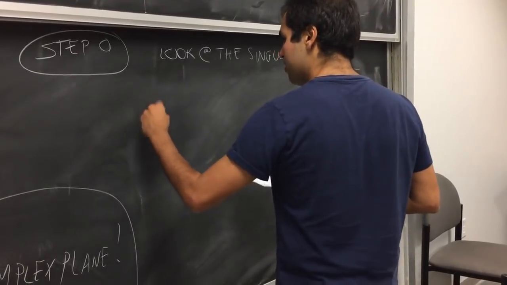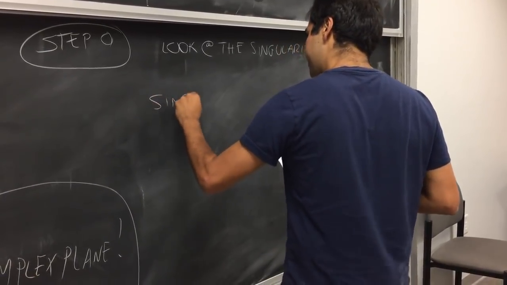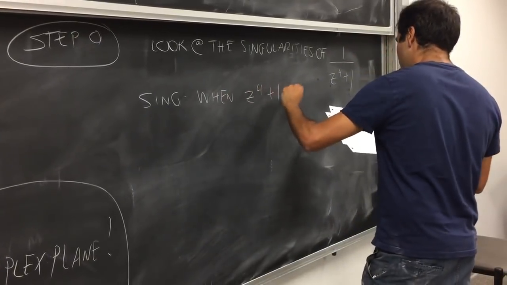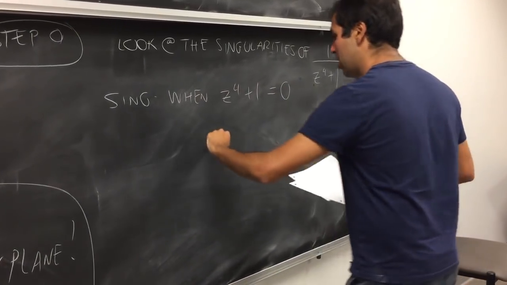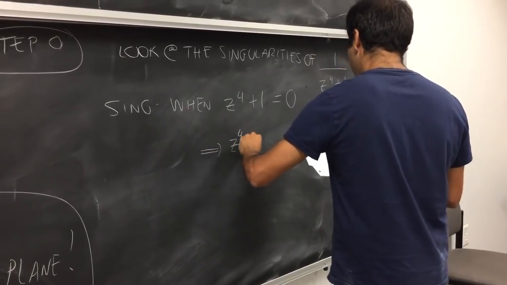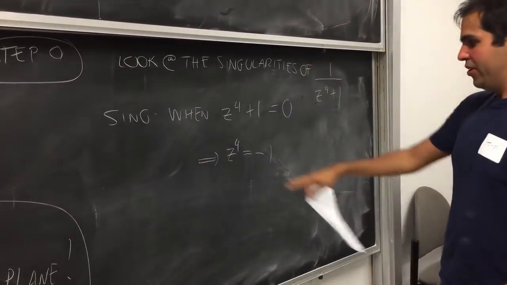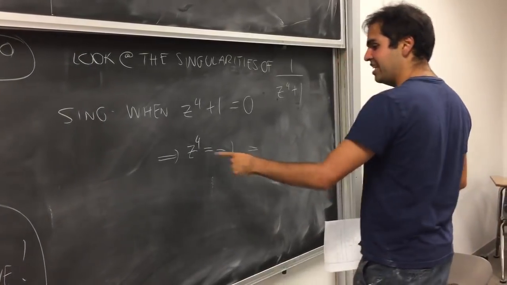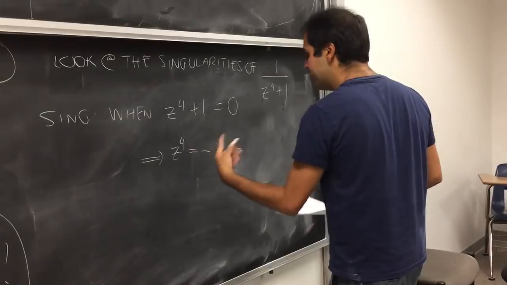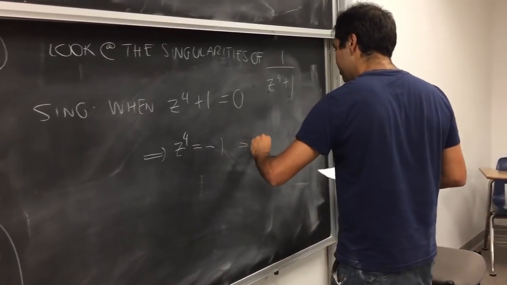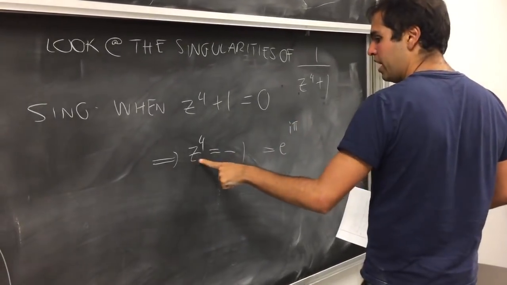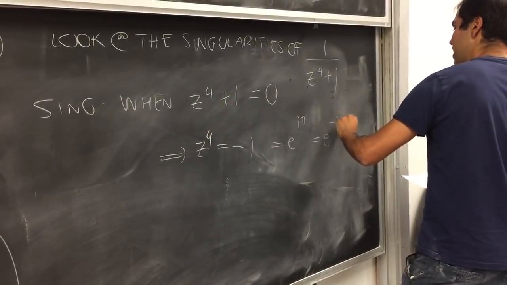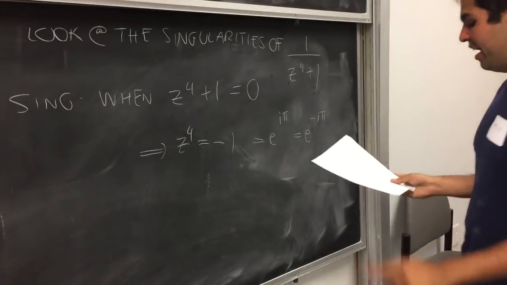So we have a singularity when z to the 4th plus 1 equals 0, so z to the 4th equals minus 1. And usually in the real case this has no solutions. Here it actually has 4 solutions, because notice we can write minus 1 as e to the i pi, but also minus 1 as e to the minus i pi.